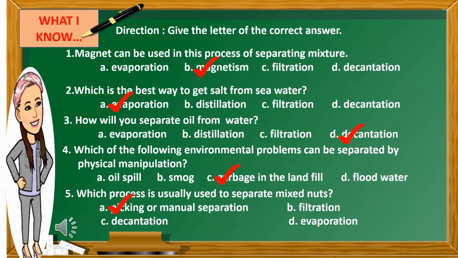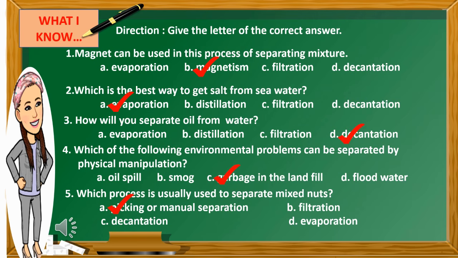Okay, it's time to check your answer. Question number 1. Magnet can be used in the process of separating mixture. Correct. Letter B. Magnetism. In question number 2, which is the best way to get salt from seawater? Correct.